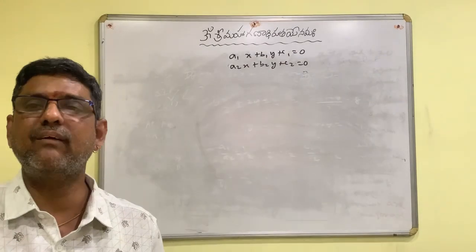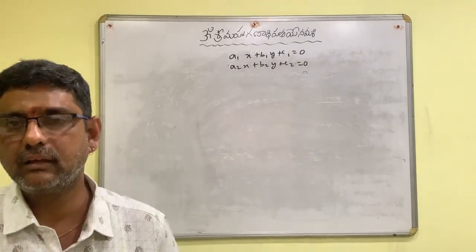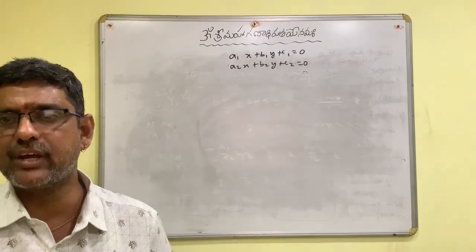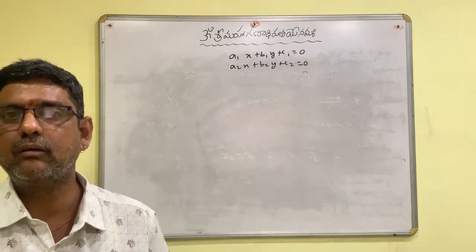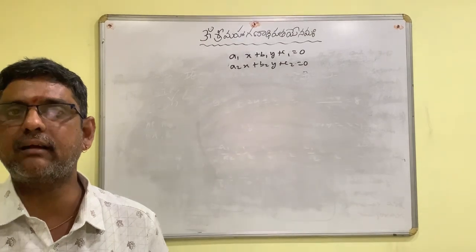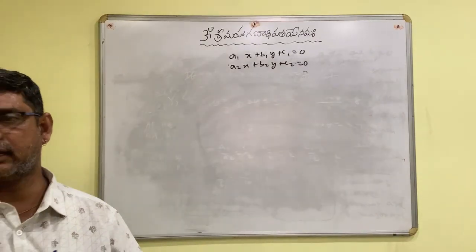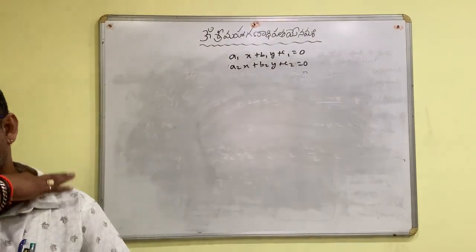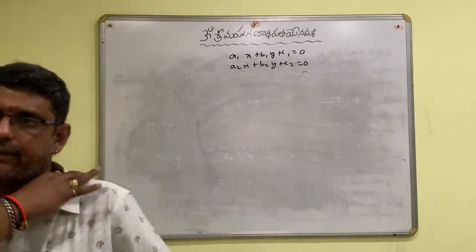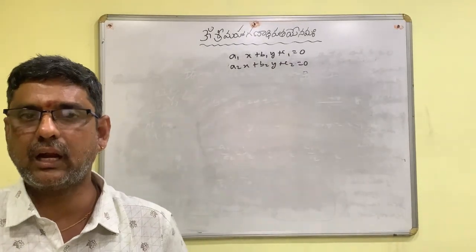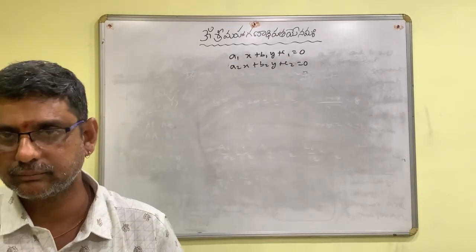I will give you only one equation, and you need to tell another equation such that both the equations together form an inconsistent pair. Understand, children? I will write down one equation on the board.